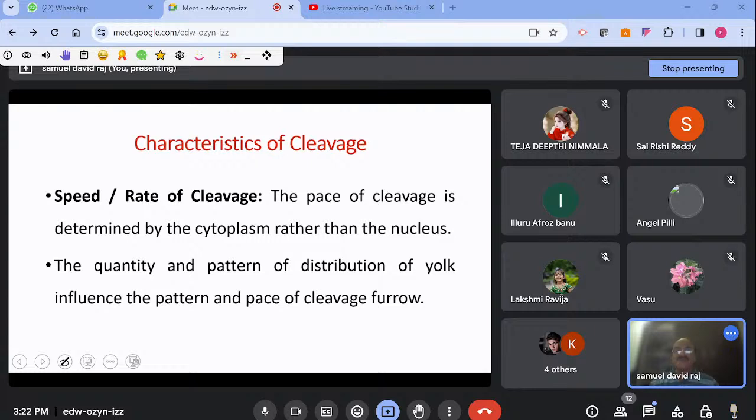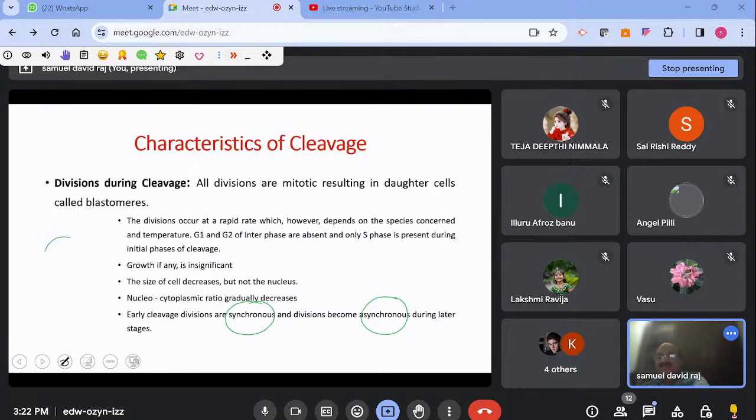And coming to the speed or rate of cleavage, the rate of cleavage is determined by the cytoplasm rather than the nucleus. Why? This is the cell. After karyokinesis, two equal sized nuclei are produced. Now this is the time for cytokinesis.